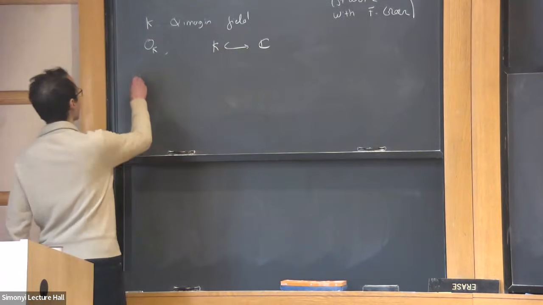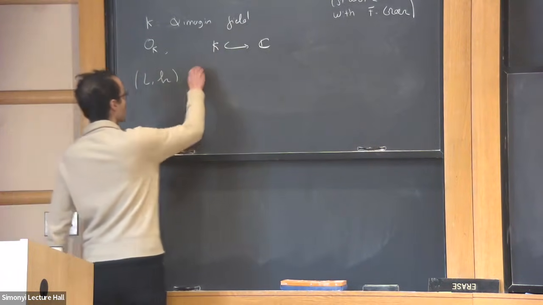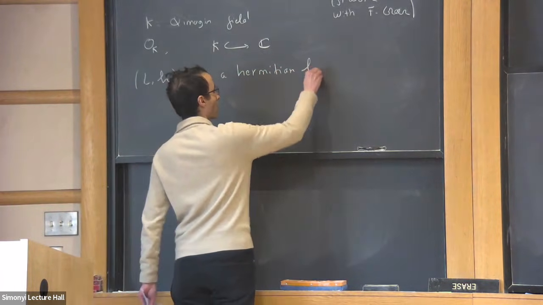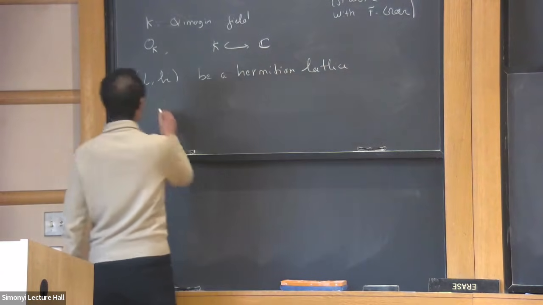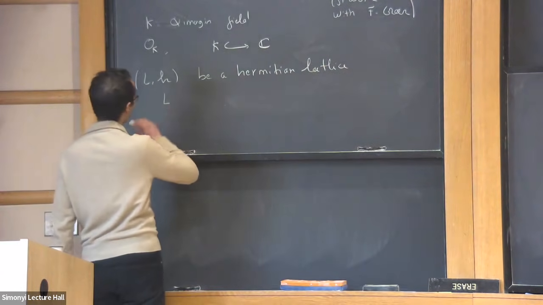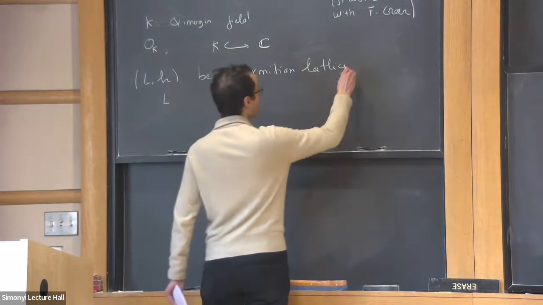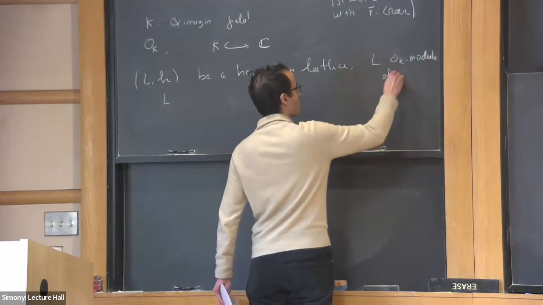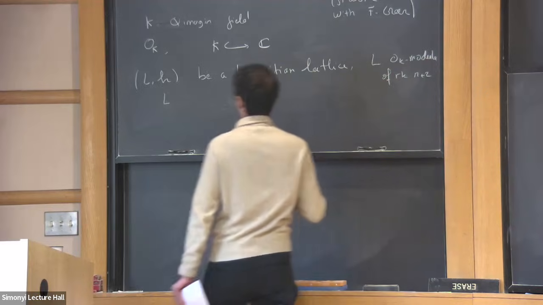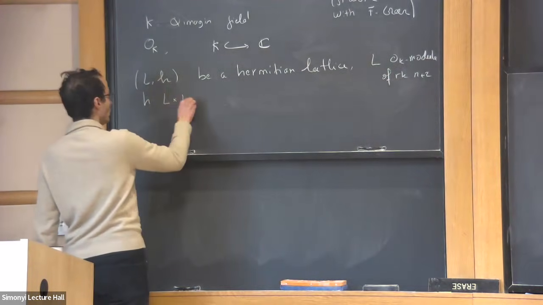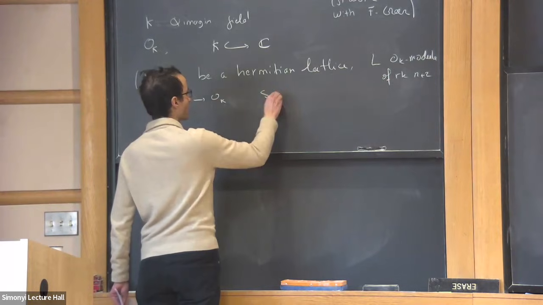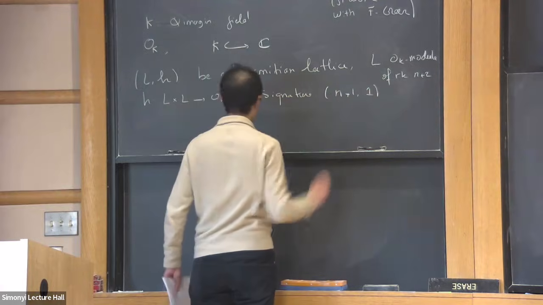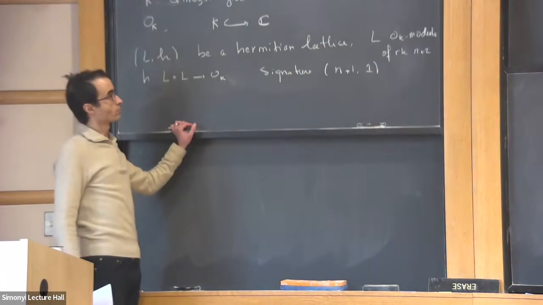Now let L and H be a Hermitian lattice. So L is a projective O_K-module of rank n+2, and H is a Hermitian pairing on L, which has signature (n+1, 1).